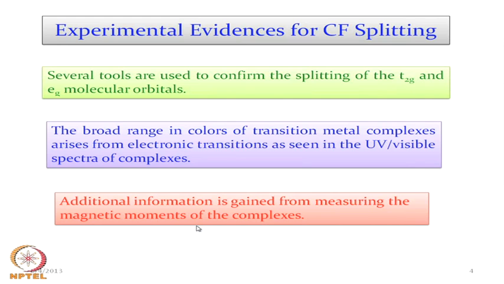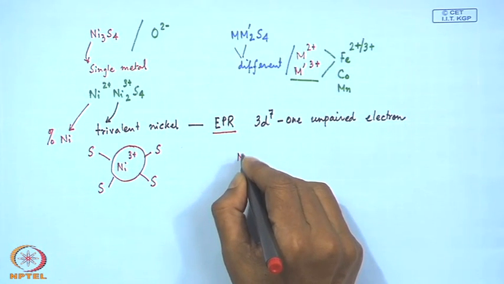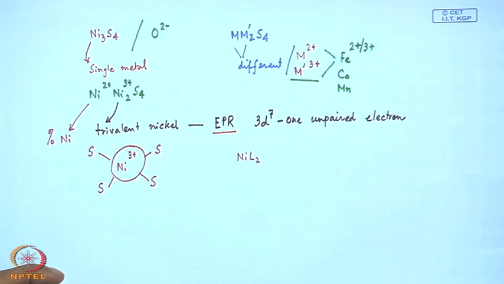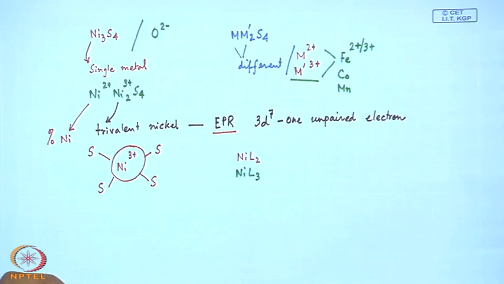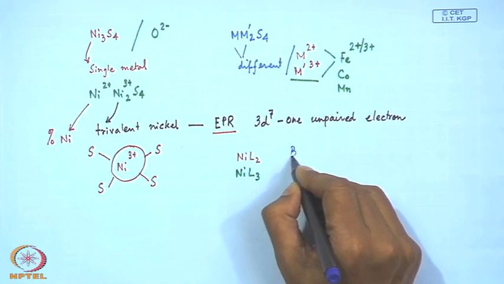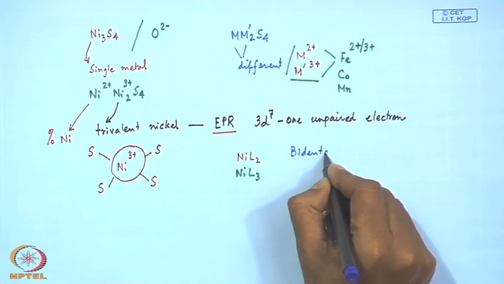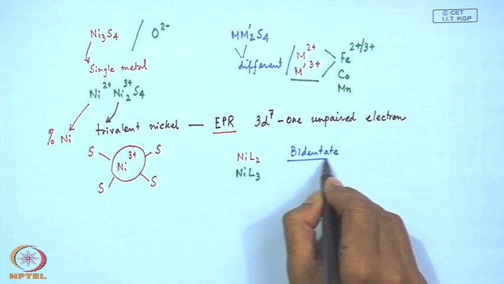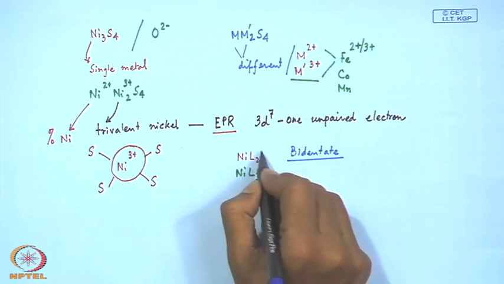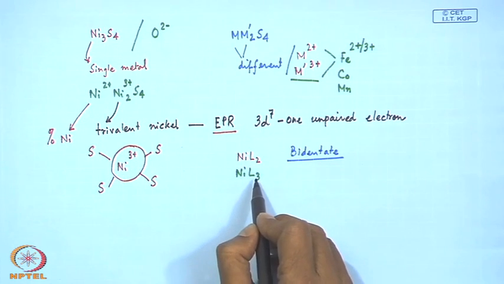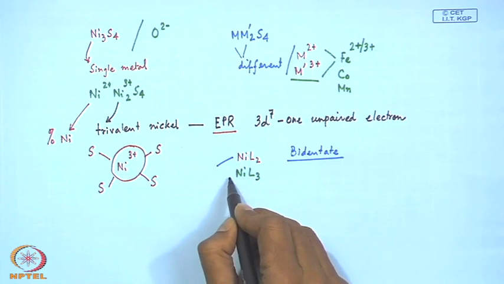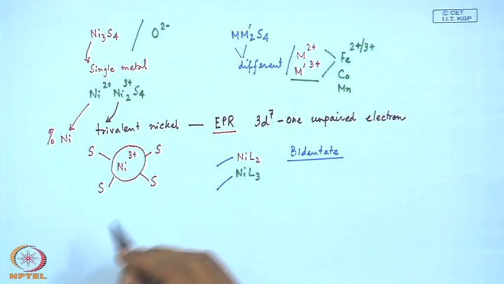So if we have a particular metal complex, say NiL2 or NiL3, and if L2 and L3 are all bidentate ligands, what we will find is that we can have two geometries due to the presence of two such ligands and another geometry due to the presence of three such ligands, and we can have different magnetic properties.